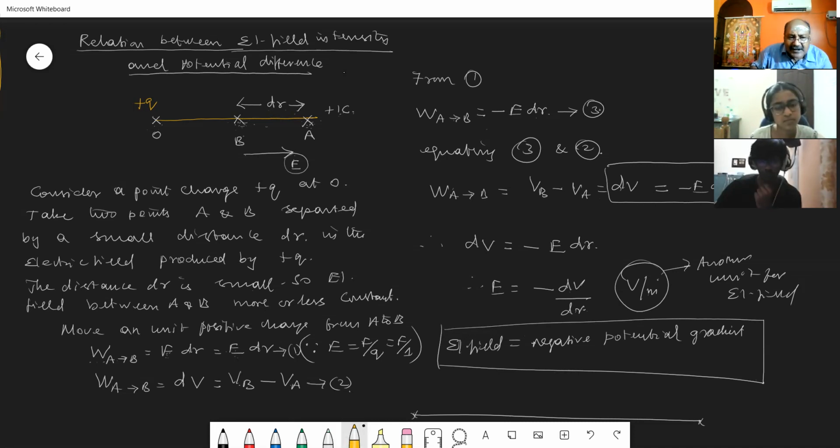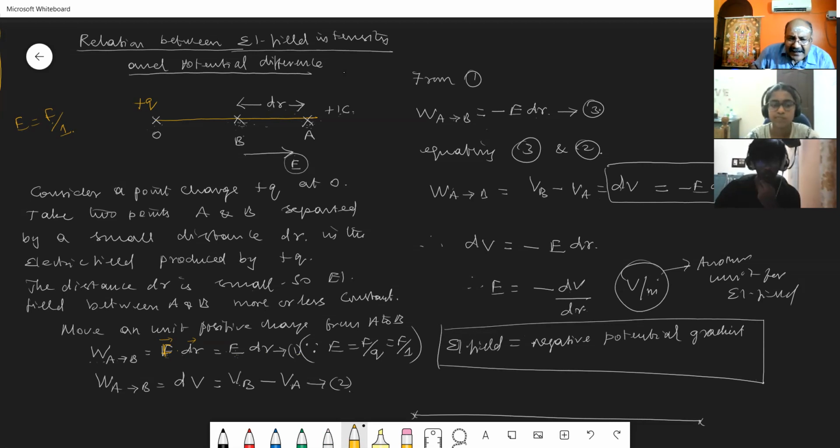The work done from A to B is, initially, given by force into distance, F vector dot dr vector. Instead of F, I am writing E into dr because the electrical field is represented as force per unit charge. So E is equal to F. So I am replacing F with E. So I am getting E into dr. Take it as equation number 1.